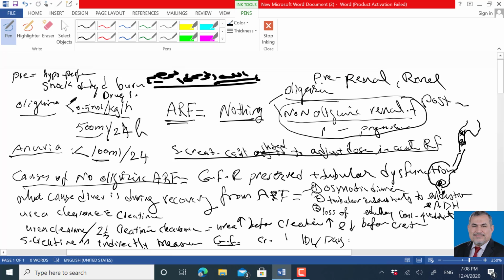This is post-renal causes. Okay? Especially bilateral, unless the patient has one kidney and the obstruction is on the same side. Otherwise, a bilateral problem causes post-renal acute renal failure.